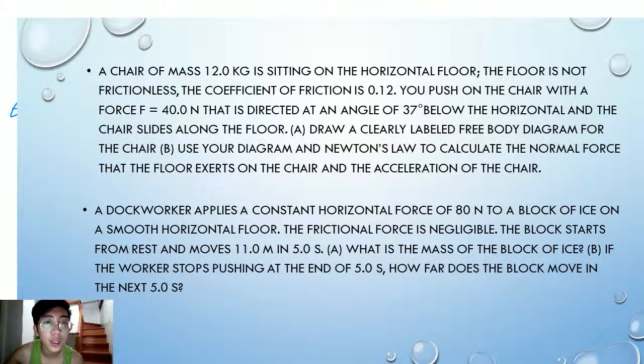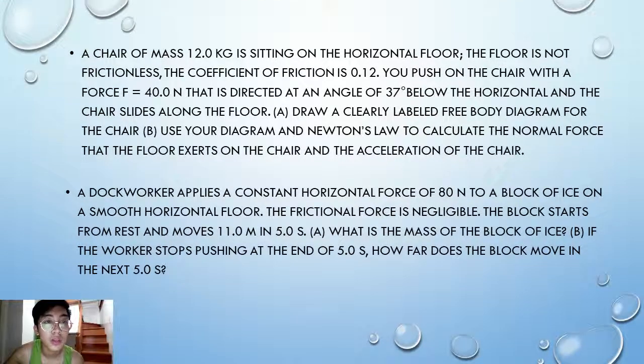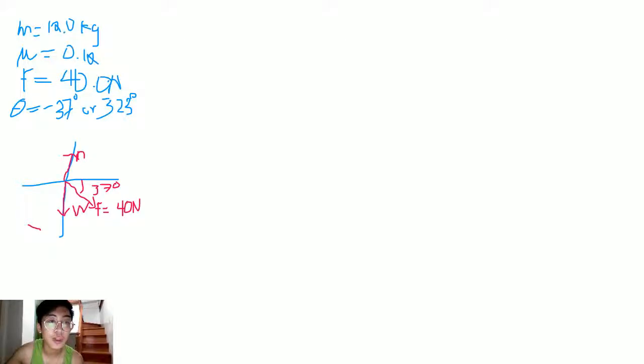And finally, kompleto na pala tayo sa ating given. Coefficient of friction mo, meron is 0.12. So, dahil may friction ka, yung force na i-apply mo is meron palang coefficient of friction na i-apply natin dito.